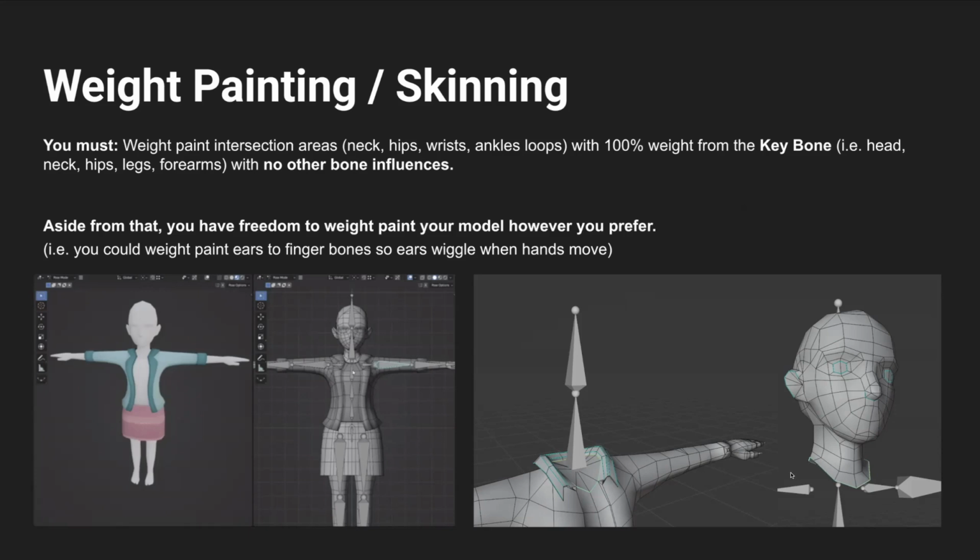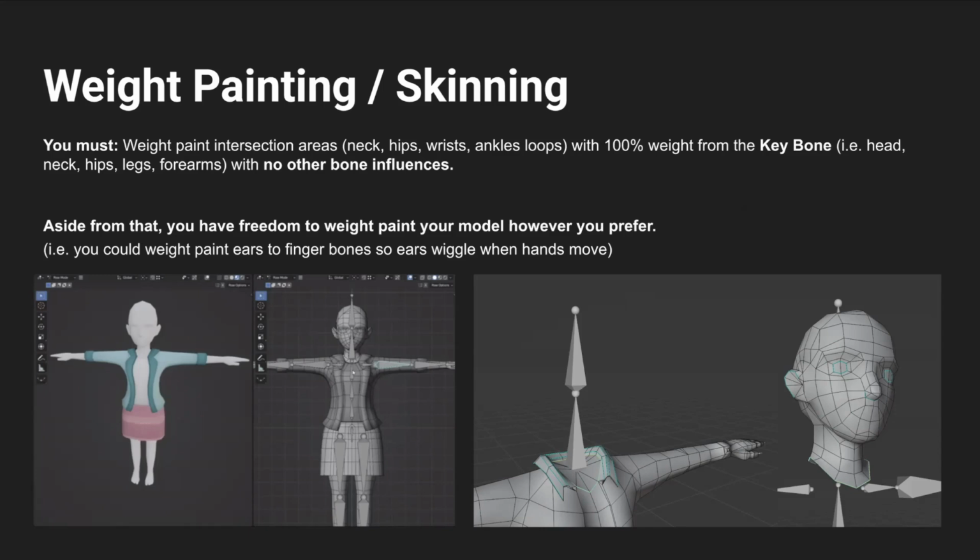And not only do you want to make sure it's fully weight painted to the key bone on either end, you do also want to double check that you don't have any influence from any other bones, because that will lead to some kind of separation and a little bit of disconnect. So you want that part of your weight painting to be very, very clean and quite computer minded. It's like 100% weighted to the neck bone, absolutely nothing else.